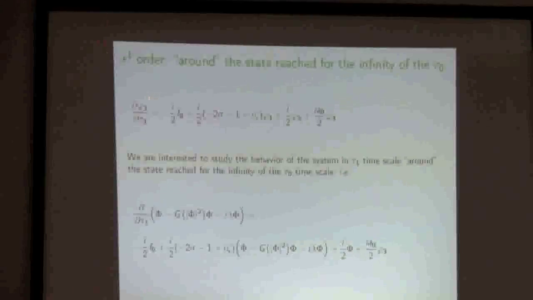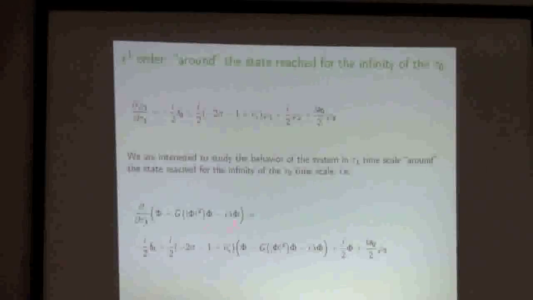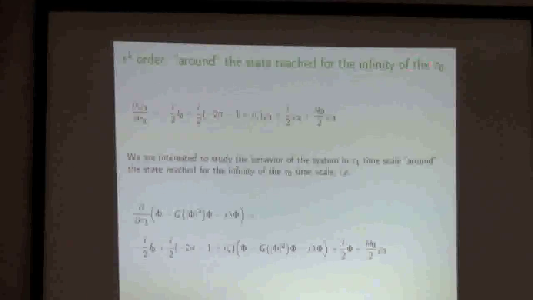And now we can also study what happened at epsilon order, but around the state that has been reached when tau 0 tends to infinity, the state reached by phi 2. So I consider the first equation versus tau 1. So this is this equation. And in this equation, I could replace phi 1 by its expression versus capital phi. It means phi 2, but at tau 0 infinite.